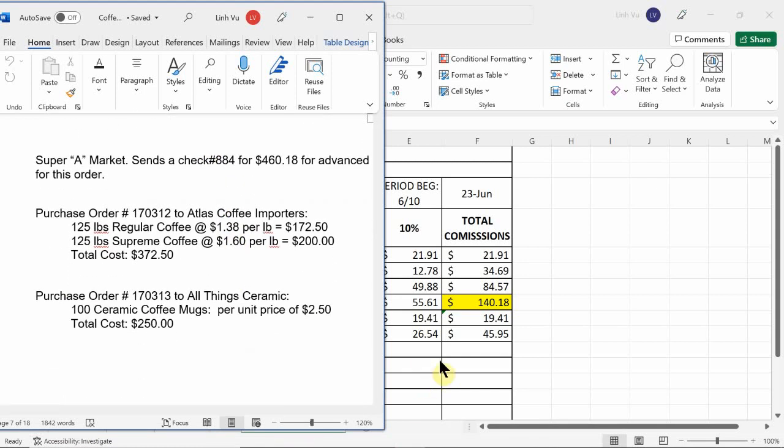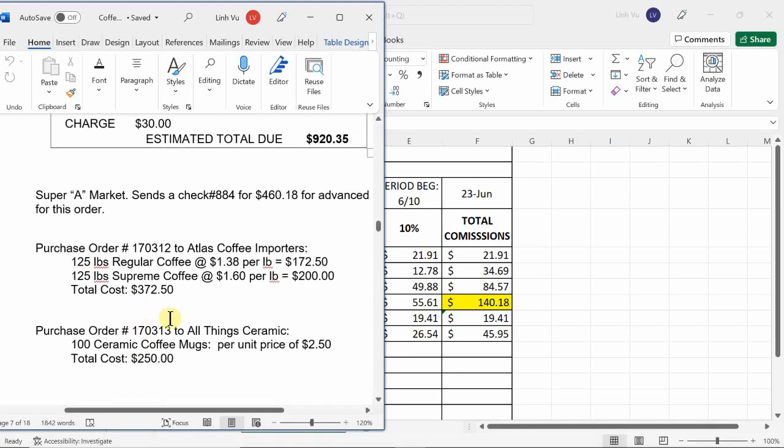We need to enter in 2 purchase orders here. So we're going to request to purchase some more coffee from Atlas Coffee, this time totaling $372.50. And this time we're going to purchase 100 ceramic coffee mugs.